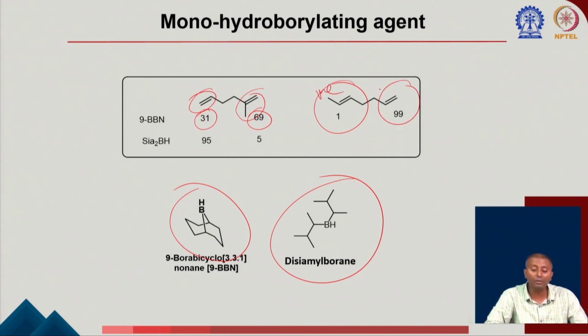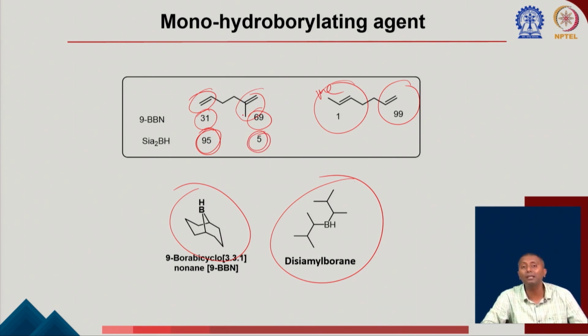But once you come to the dicyamyl boron, you can see the importance of this reagent, because that can give you 95% selectivity in this position, and it is able to differentiate if you have an internal methyl group.